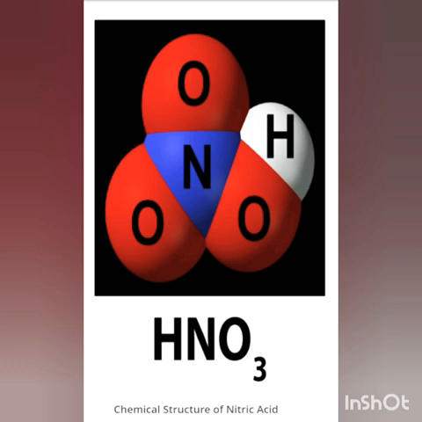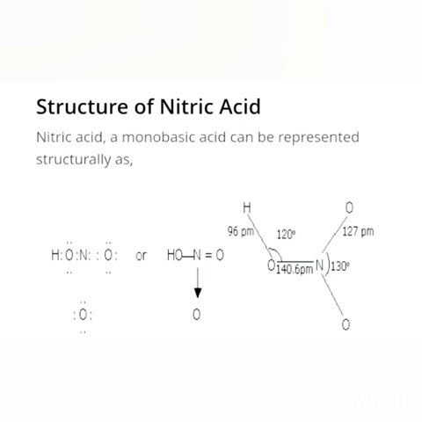It is a monobasic acid because it has one replaceable hydrogen. Then you can see nitric acid in gaseous form is a planar molecule. It has a planar structure. The bond angles and bond lengths in the nitric acid molecule are shown in the figure.